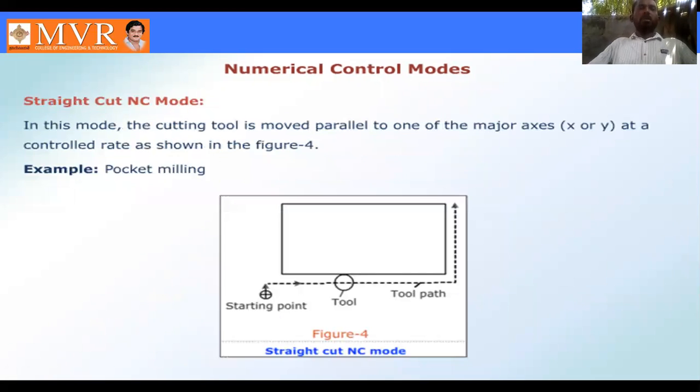The second one is the straight cut mode. In this mode, the cutting tool is moved parallel to one of the major axes, X or Y, at a controlled rate, as shown in figure 4.1. The best example for straight cut mode is pocket milling. See the block diagram for the straight cut NC mode. The tool moves parallel to one of the major axes, only along any one axis.